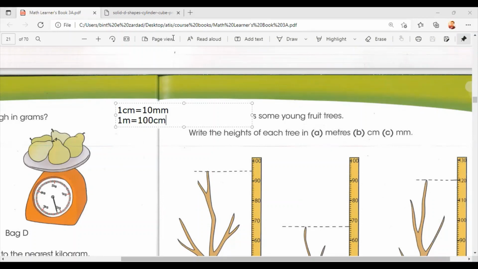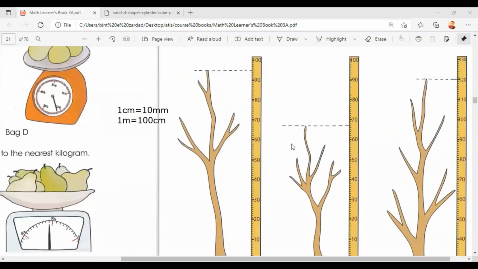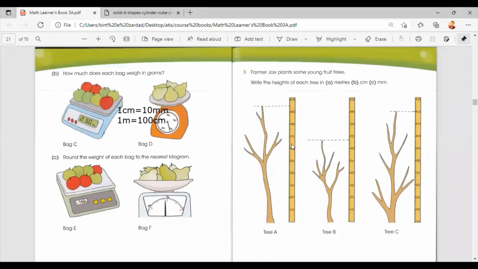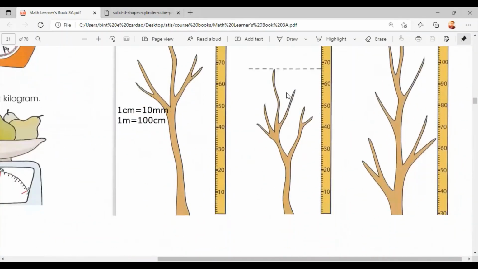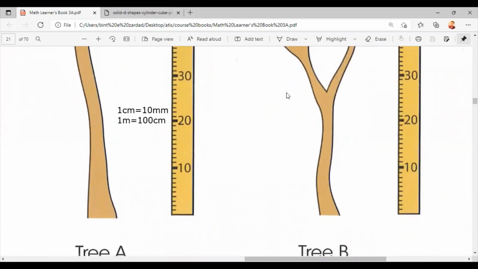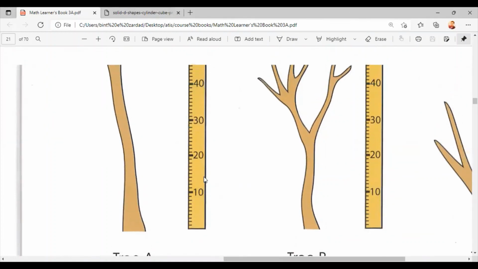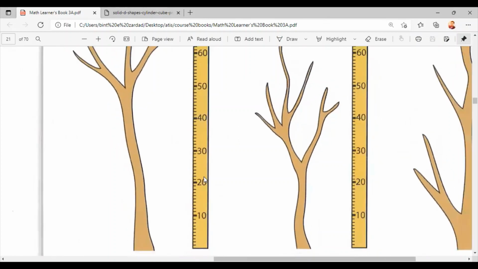So let's start to solve. The question is here, a farmer plants some young fruit trees. Write the height of each tree in meter, centimeter and millimeter. So first thing which is available here, I think this is centimeter, yeah.